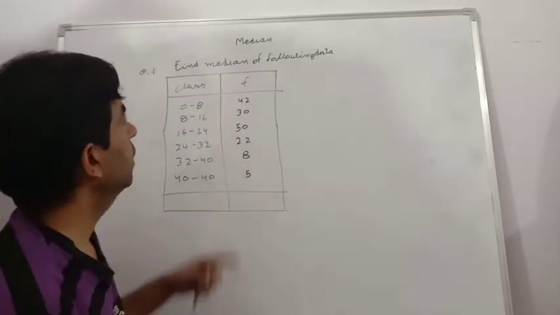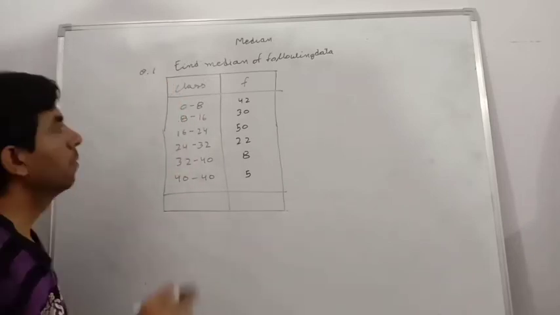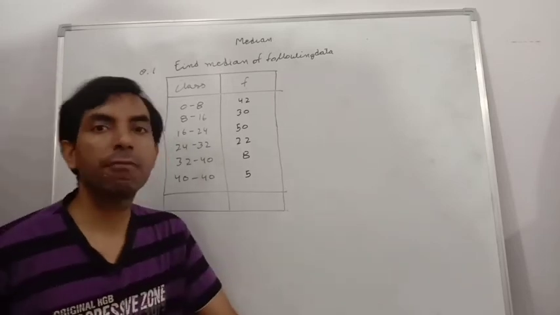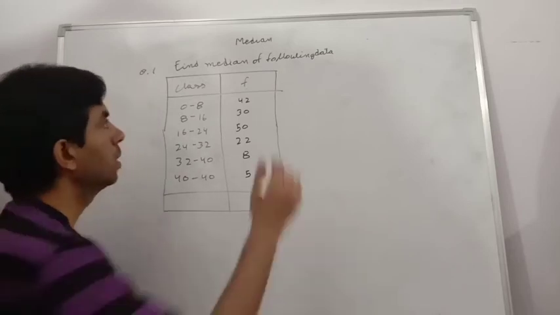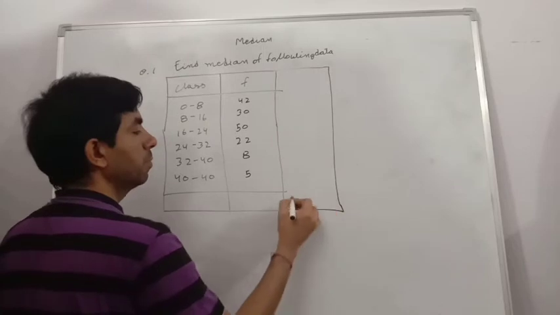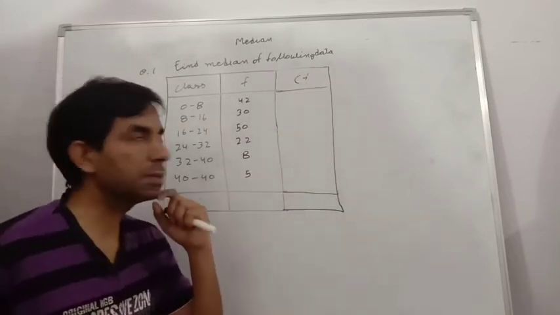Here we have a grouped frequency distribution table and we are asked to find the median. For finding the median, we have already learned that first we find the cumulative frequency.